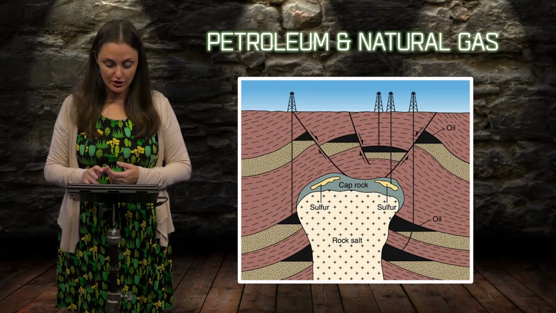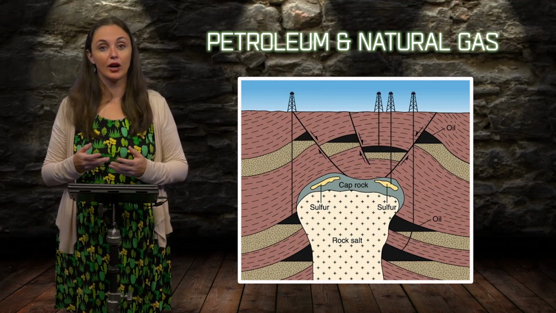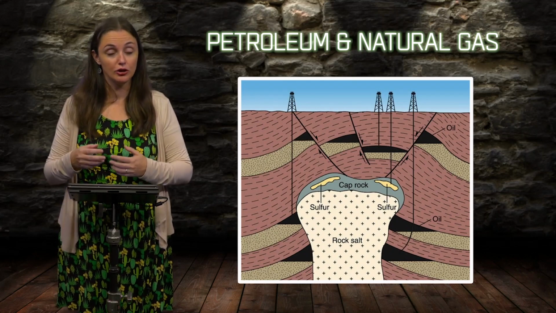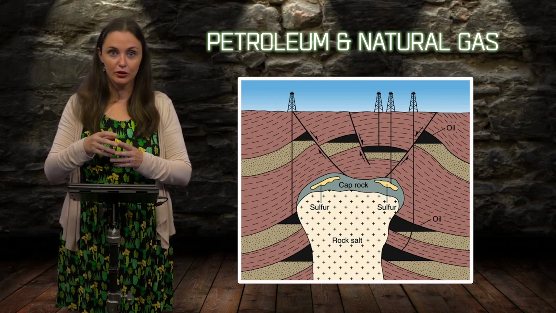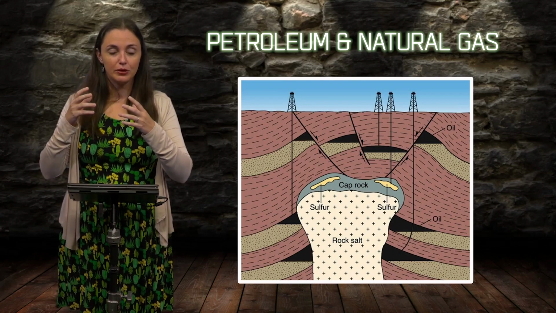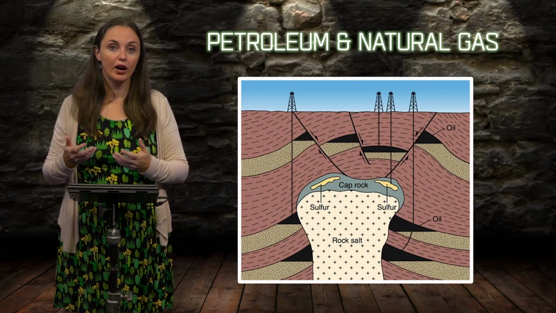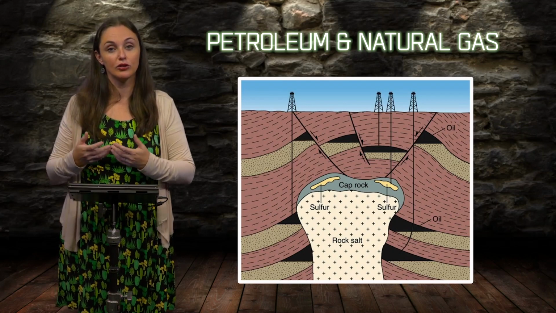So the really interesting thing about looking at the entire Gulf of Mexico and looking at where oil platforms exist, not only offshore in the Gulf of Mexico, but onshore as well, is that all of these oil platforms and all of these oil derricks are positioned around these salt domes. So if you know where the oil platforms are, you in a sense know where the salt domes are.